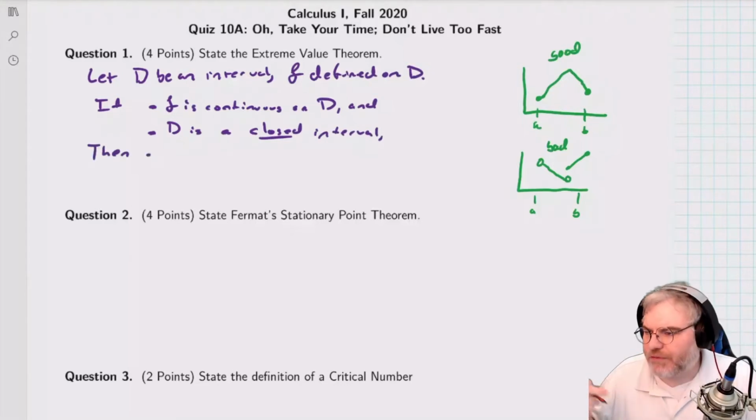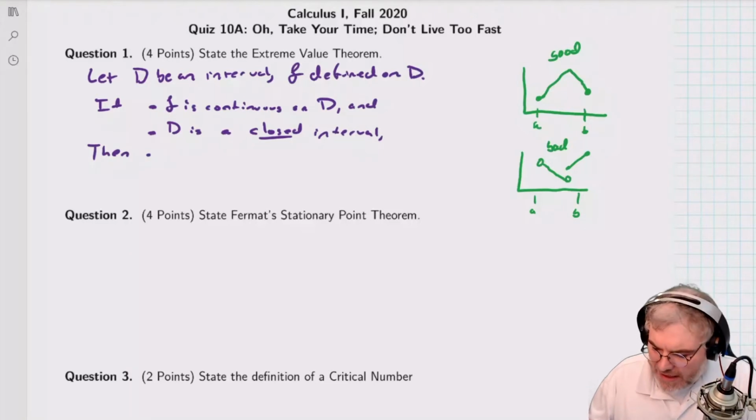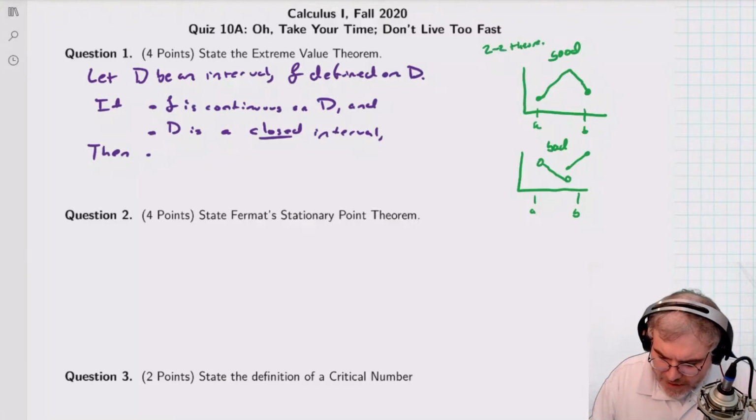and I kind of also remember that this is a 2-2. In other words, there are two conditions, two conclusions.